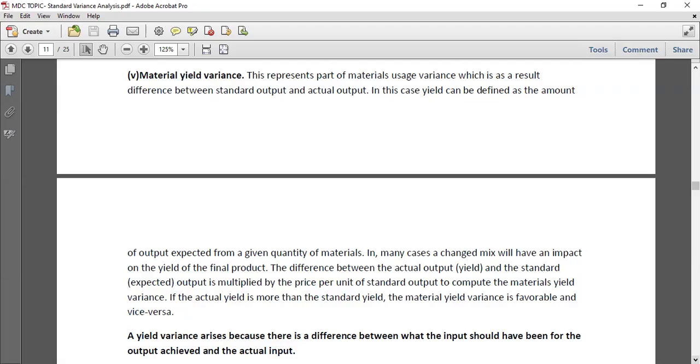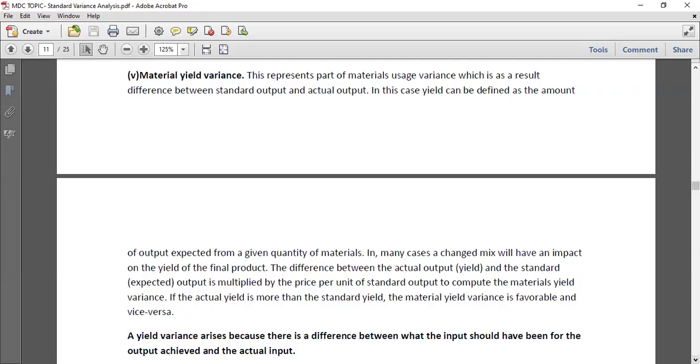That should give me my material yield variance, because the material yield variance is basically the difference between the actual output, which we are calling our yield, and the standard or expected output, multiplied by the price per unit of the standard output, to compute the materials yield variance.